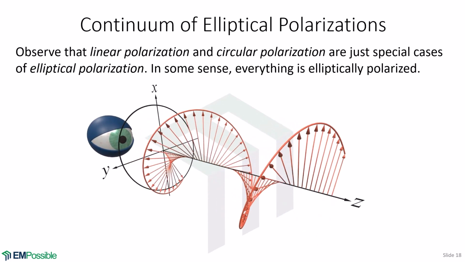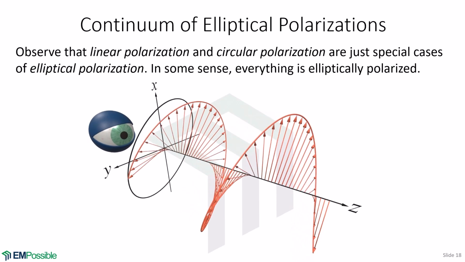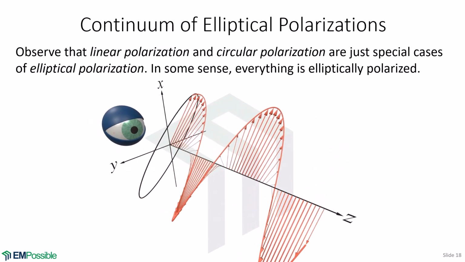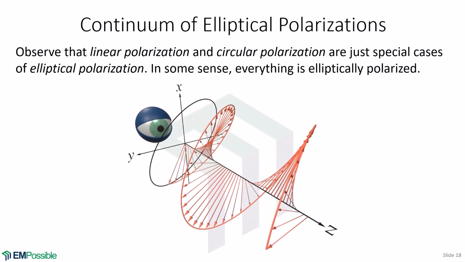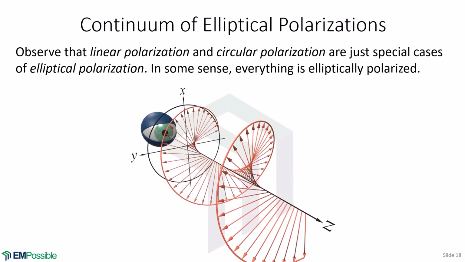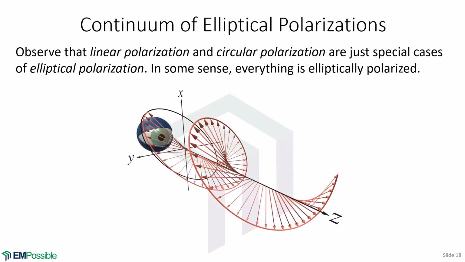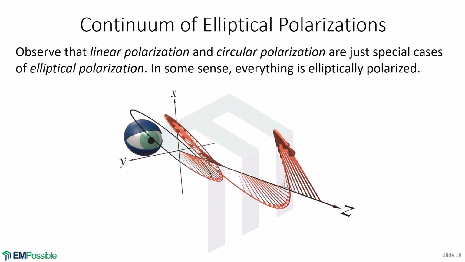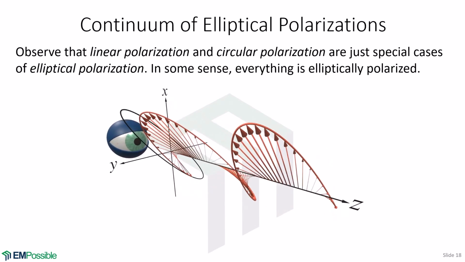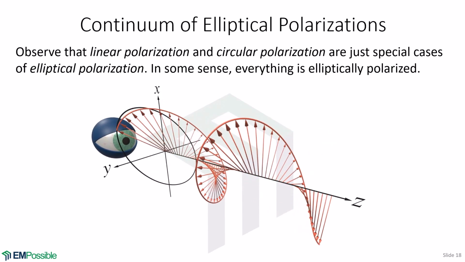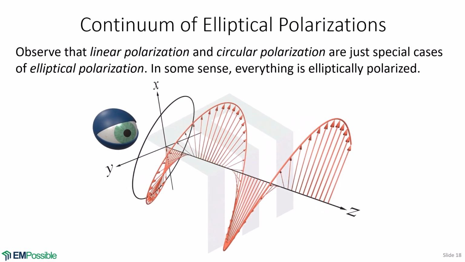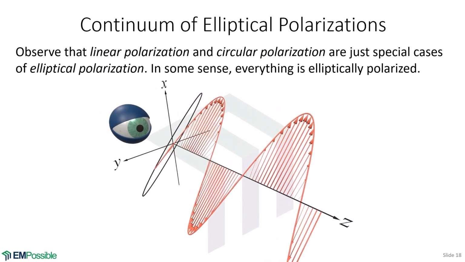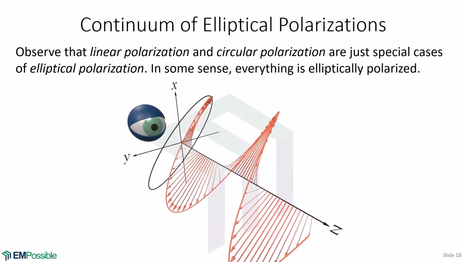And so from this, we can see that circular polarization and linear polarization are just special cases of elliptical polarization. So in some sense, everything is elliptical polarization. However, it's rare that I've ever seen a device designed to work for elliptical polarization. Usually we design things for linear or circular. Things aren't perfect, and we actually get elliptical.